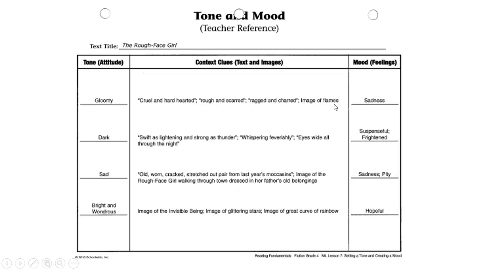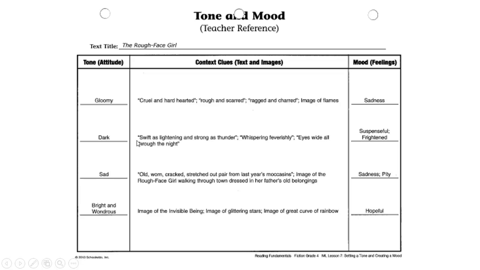The image of flames. He was feeling gloomy when he chose those words. So in effect, it affected our mood, it put our feelings, and it made us feel sadness. So he had a gloomy attitude, the author, for Rough-Faced Girl, and then it created a mood, and it changed our feeling into sadness.